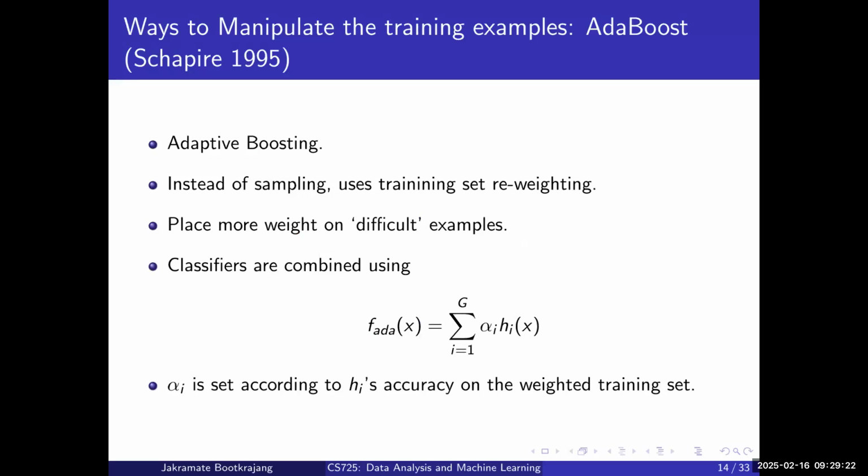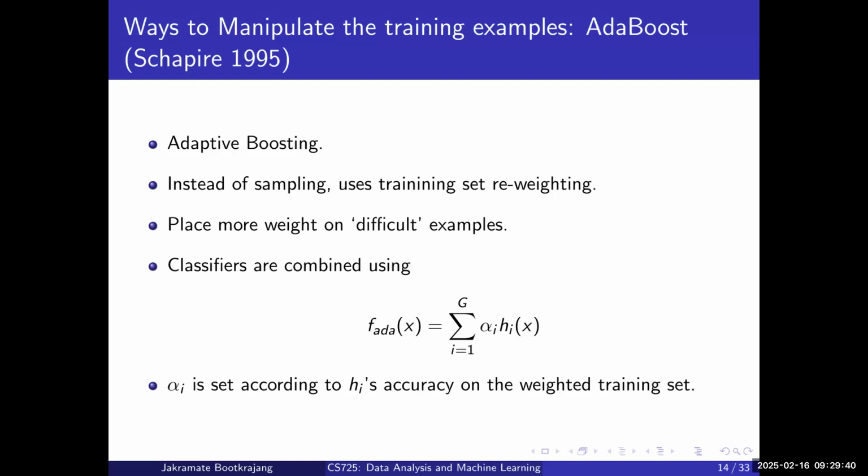And then, we had bagging for a while until 1995. Then we got something called AdaBoost, and I think many of you may have heard of the word AdaBoost. This is called adaptive boosting.